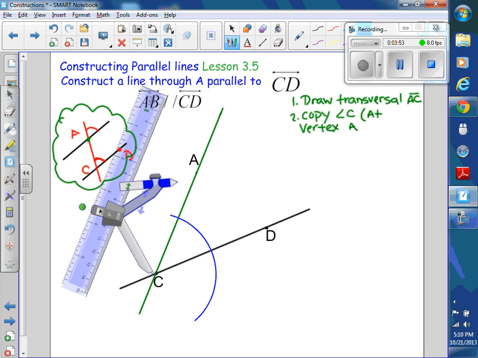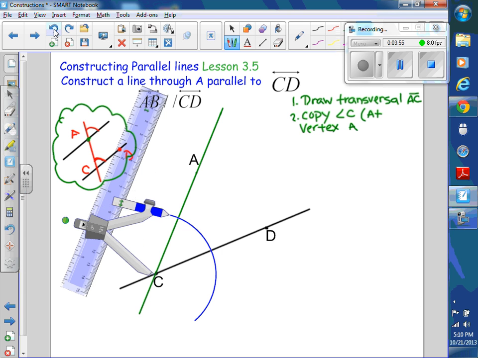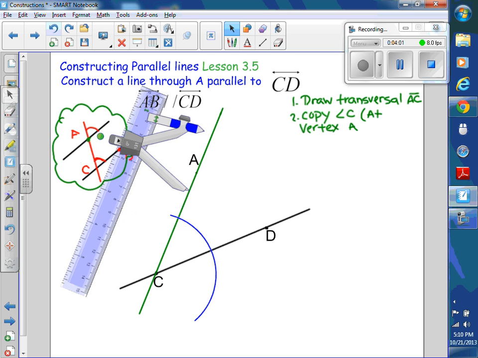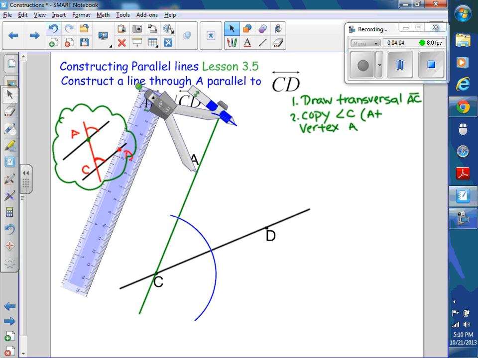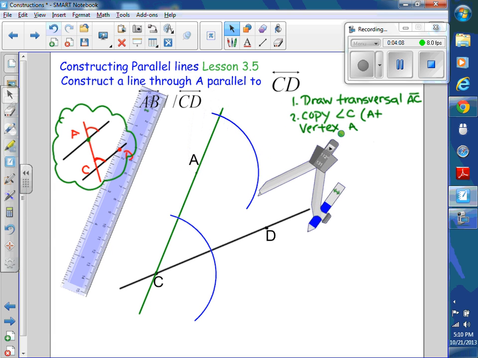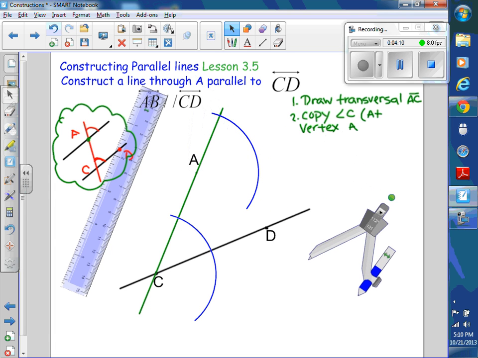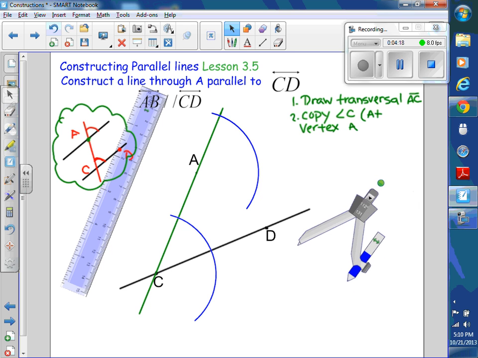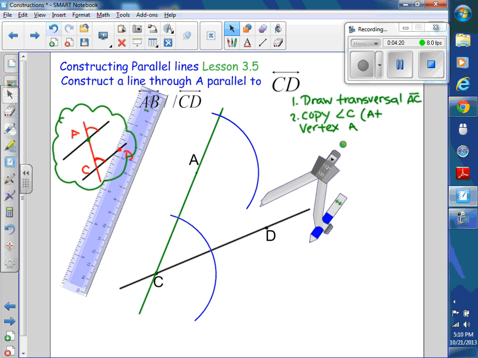And then use that same setting and bring the compass to point A, because I'm going to copy the angle that I have at C up with the new vertex A. So you have to follow the steps from last week where we learned to copy the angle.